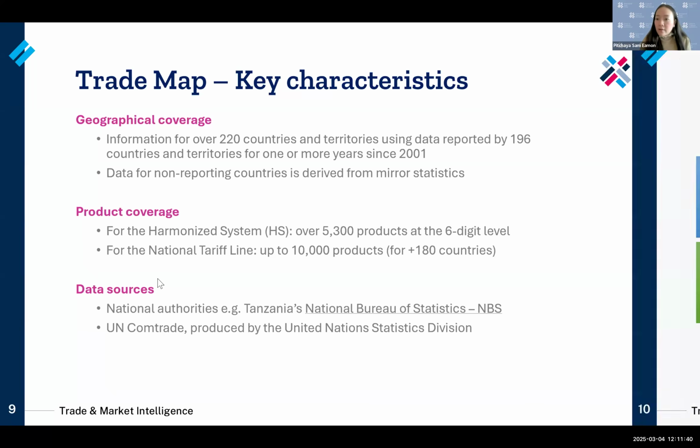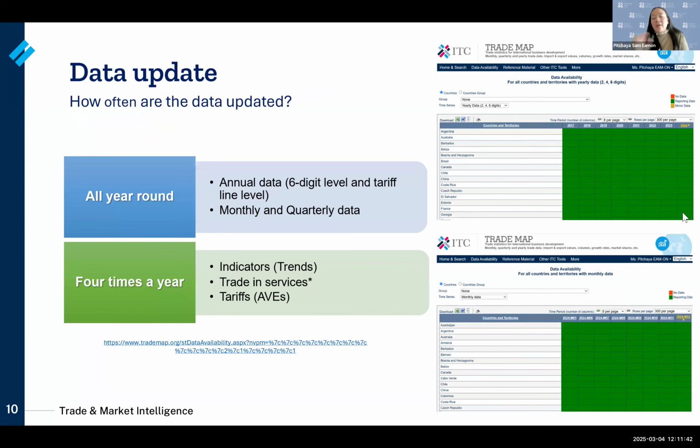As you can see here, and if you follow us online on social media, we have announced that we already have trade statistics for 2024 for 42 countries. So as you can see in the screen capture, we already have the latest monthly trade statistics in TradeMap. You will have December 2024.